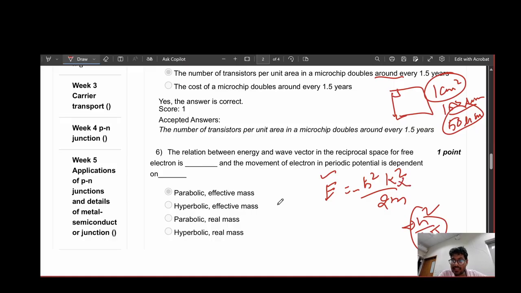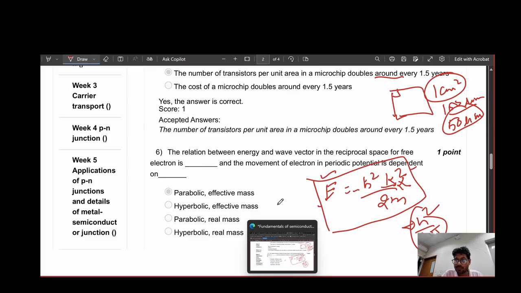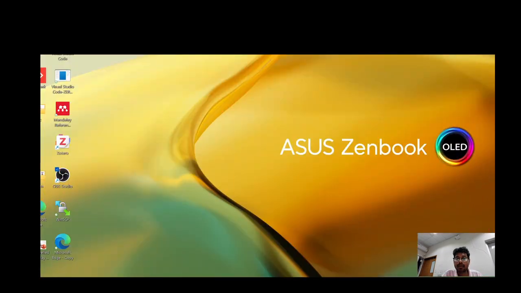And k is the wave vector in the reciprocal space. This is the relation between energy and the reciprocal space wave vector.